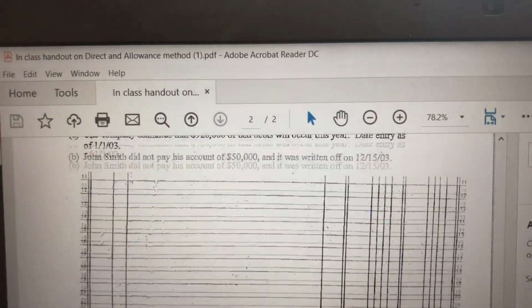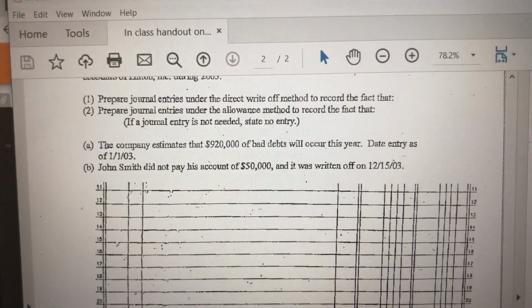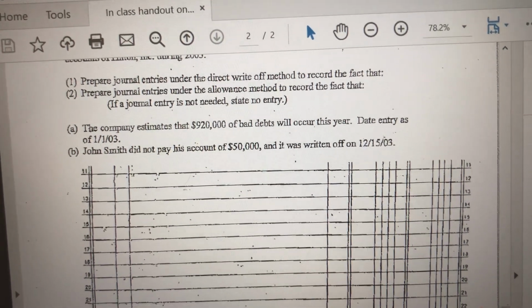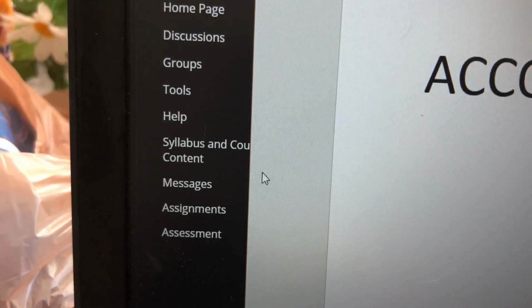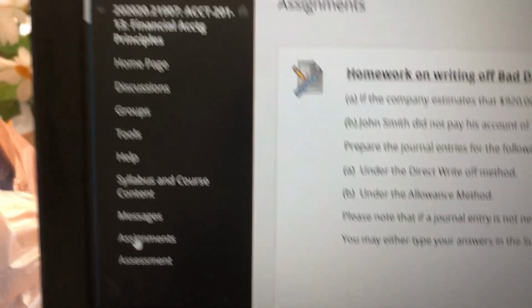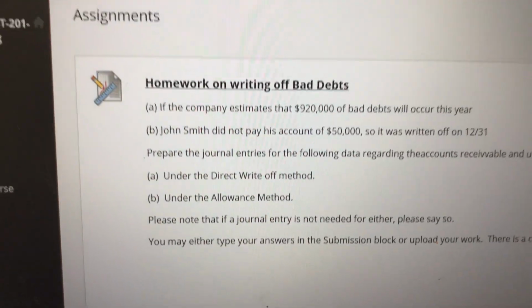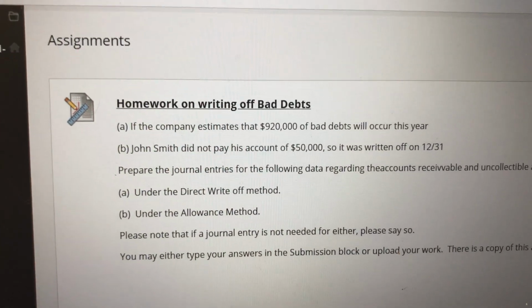You can either download it, and it's going to be the Hilton problem. You can write it out like I just did, take a picture and upload it, or you can go to the assignment tab. Let's go over here to your assignment tab. Not assessments, but assignments. Okay, and homework on writing off bad debts is right here.